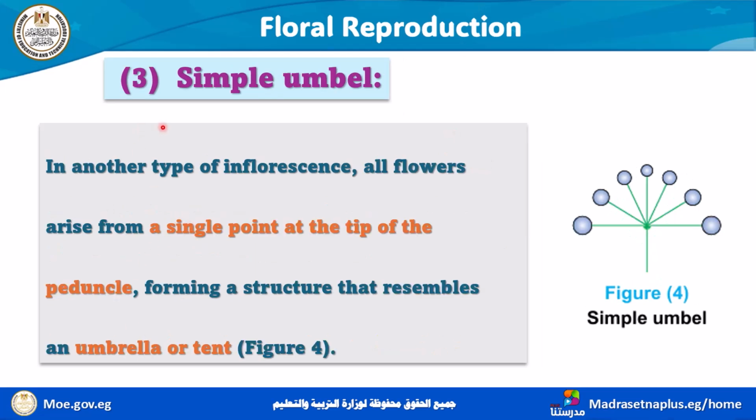The third type of inflorescence is the simple umbel. In this type, all flowers arise from a single point at the tip of the peduncle, forming a structure that resembles an umbrella or a tent, like here in the figure.